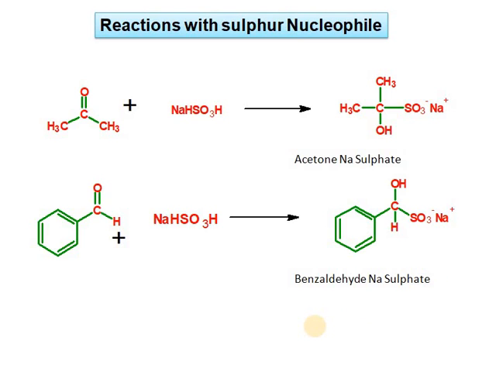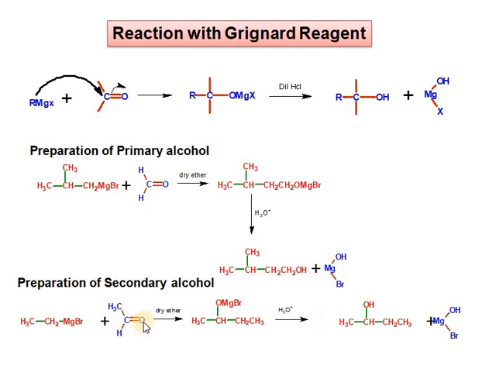Now we are going to discuss the next reactions, with Grignard reagents. Do you know that Grignard reagents are alkyl magnesium halides? This is called a Grignard reagent. In the Grignard reagent, the carbon has a negative charge and magnesium has a positive charge, right?